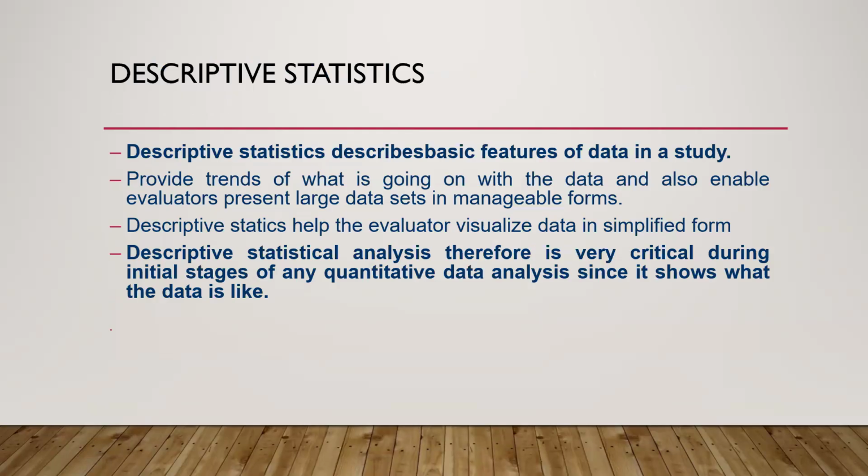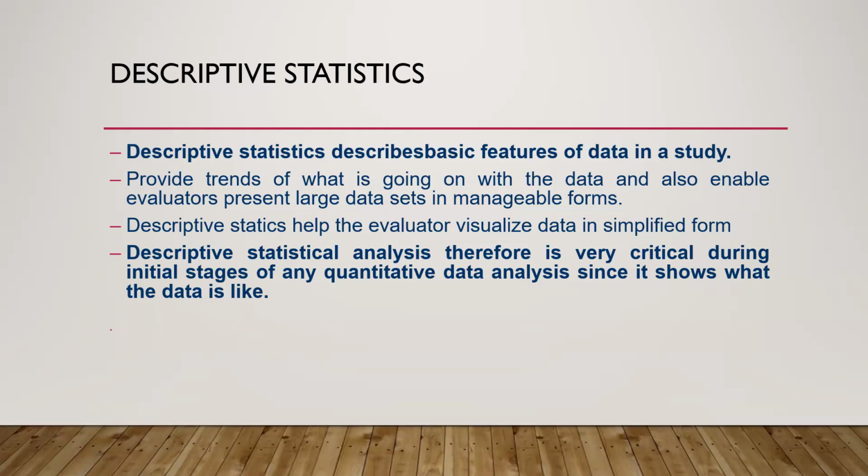We have what is called descriptive statistics, which describes the basic features of data in a study, the very basic features. It provides trends of what is going on with the data and also enables evaluators to present large data sets in manageable forms.